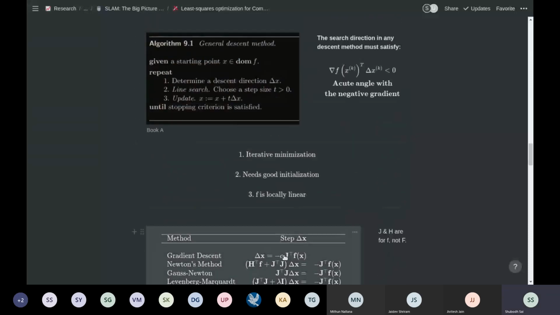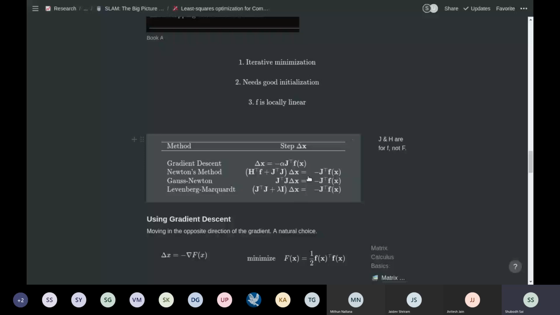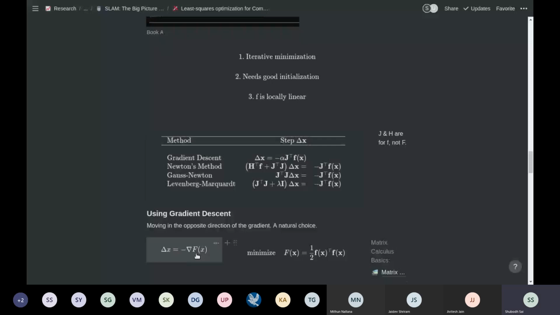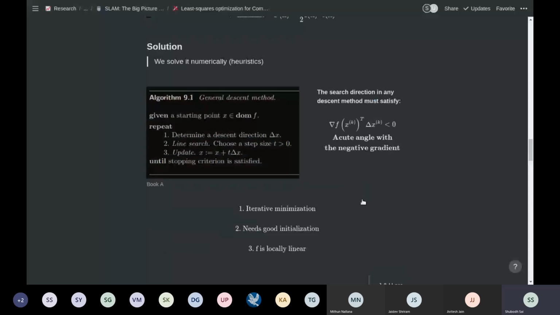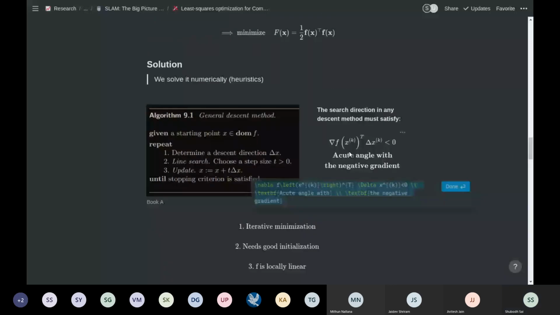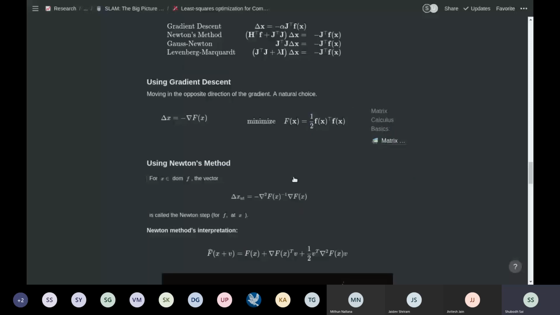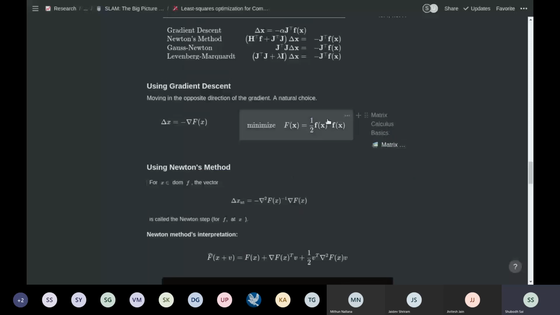Yeah, so here, let's not get confused by looking at this. We'll come back to this. Let's just look at this particular equation. Delta x is equal to minus gradient of capital F. Over here also think of it as capital F. The difference between capital F and small f is that for the sake of clarity, I'll call capital F the minimization function and small f your original function.